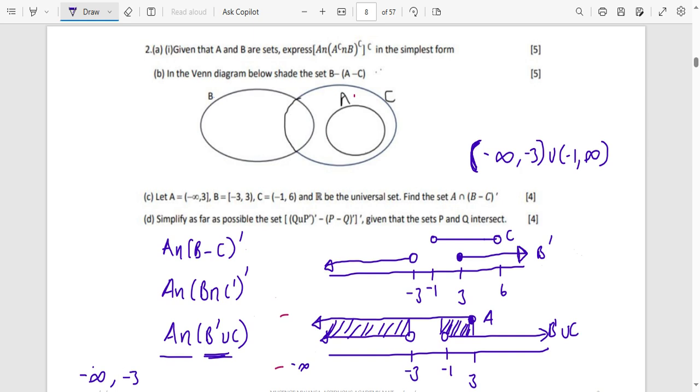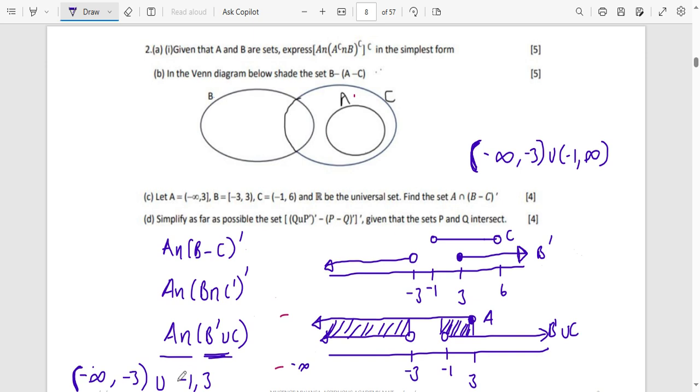Is -3 going to be included in the intersection? It will not. Why? Yeah, because it's not shaded here. Okay. Infinity, I've said you always use open. You should never use close for infinity. And then we put union because we are continuing from -1 up to 3.